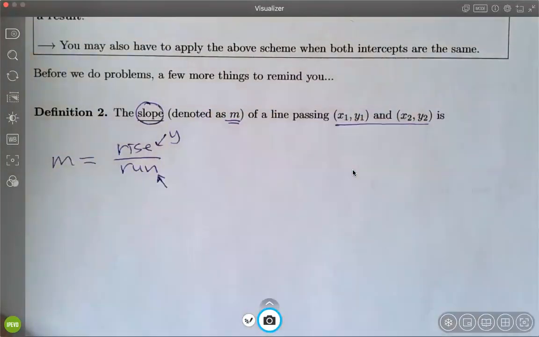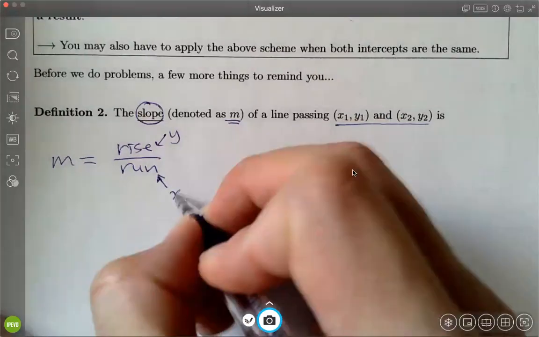You can run vertically, but on the earth you can only run left or right, right? You cannot run 300 feet up, otherwise you are not a human. So the run means x.